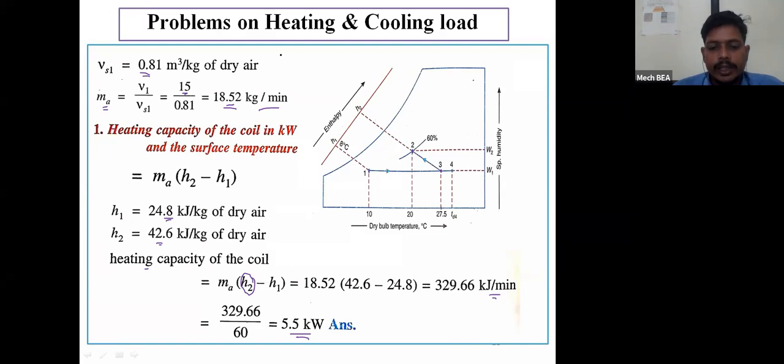Is there any query, any question? Kathir Sangha. Hello. Have you understood up to this point? Yes or no?